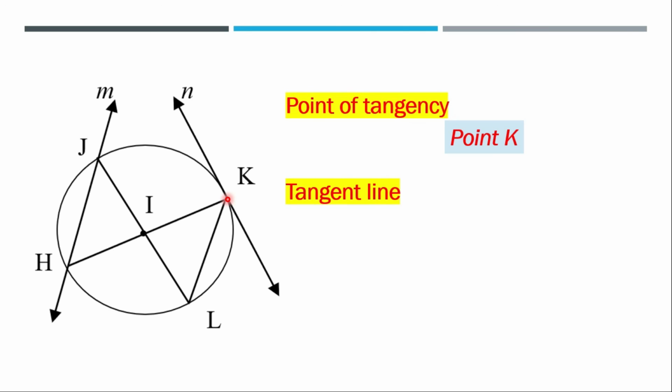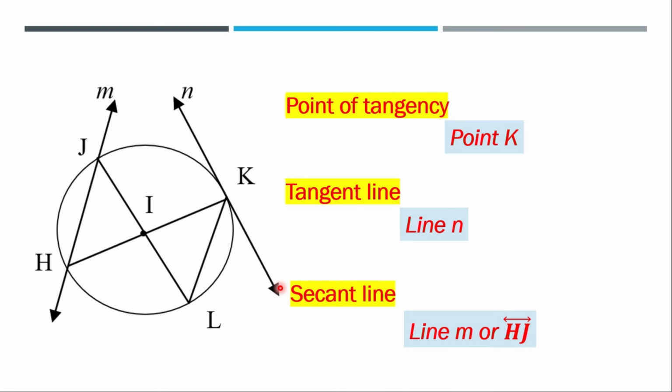At yung tangent line natin ay ito. It's line N. Okay? And for our secant line, ano yung secant line natin? Ito. Kasi dalawa yung in-intersect niyang point ng ating circle. It's line M or line HJ or line JH. Kahit ano doon. Naintindihan ba?